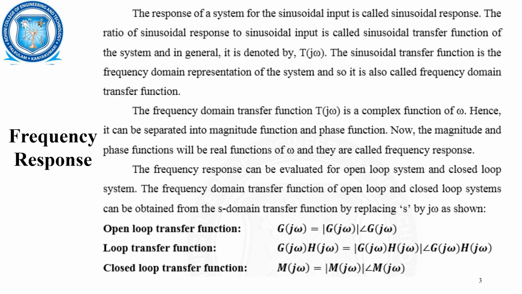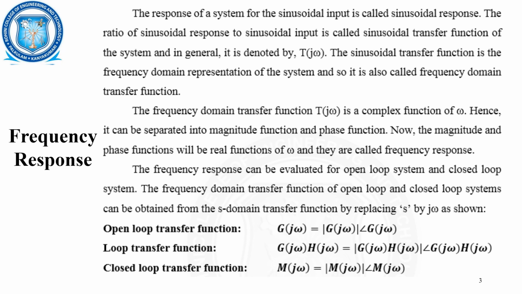So now we are making the system into a complex function of omega. When a complex function enters the field, we can analyze the system in terms of magnitude as well as phase. So we have numerous types of plots which can be used for frequency response analysis.